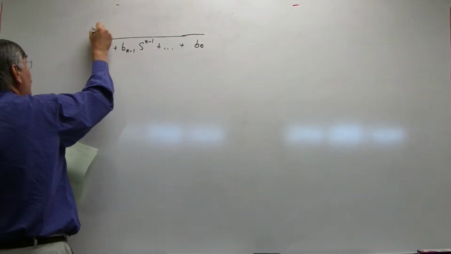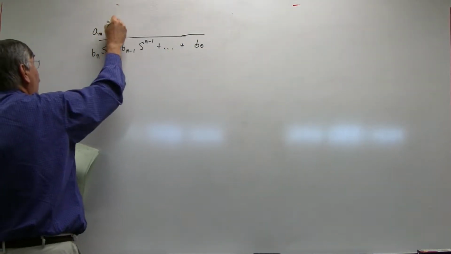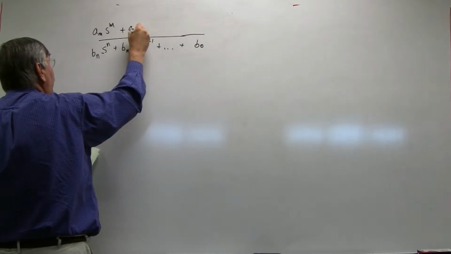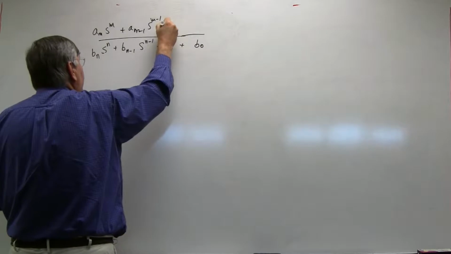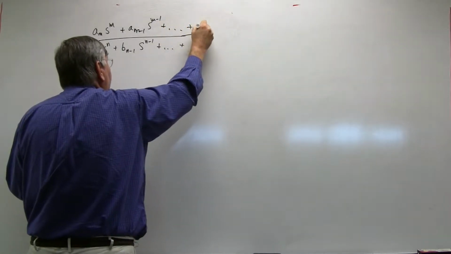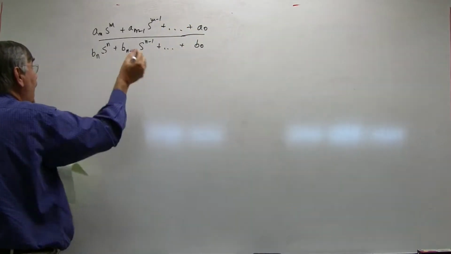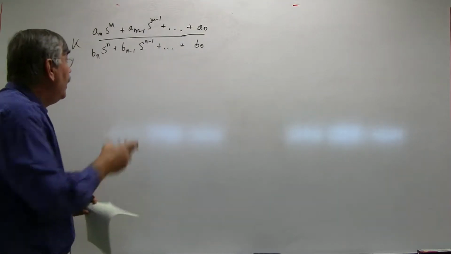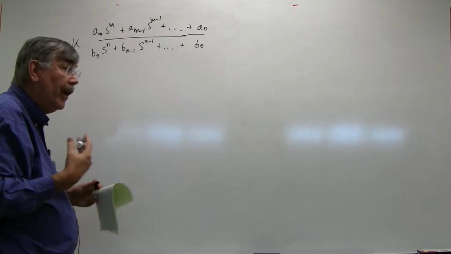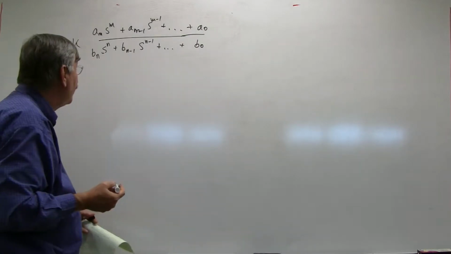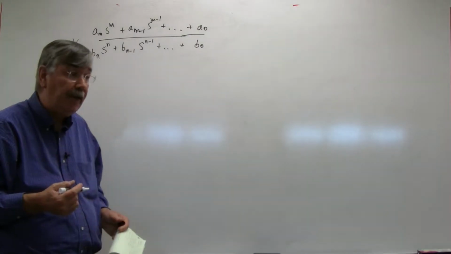And in the numerator, we might have a sub m s to the mth power, plus a sub m minus 1, s to the m minus 1, this is a little tedious, all the way down to, for example, a0 constant term, and maybe there's another constant out front. So we can typically express our transfer functions as ratios of polynomials in s.